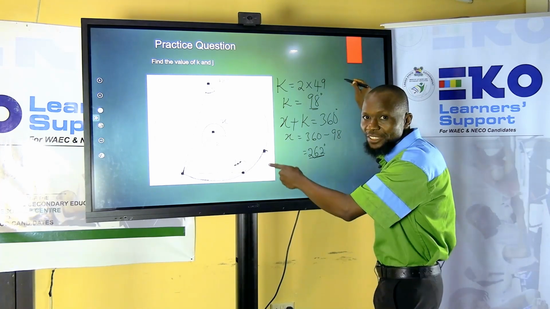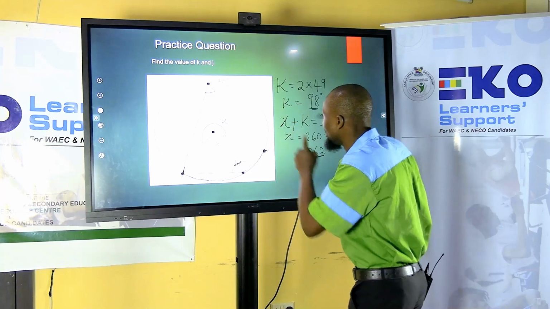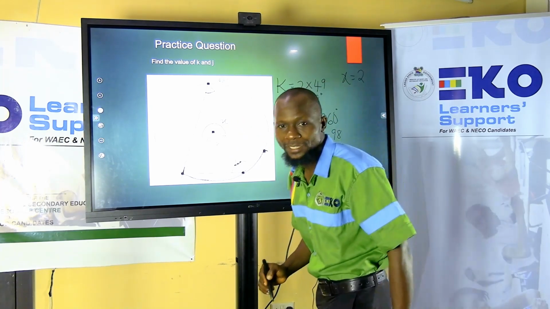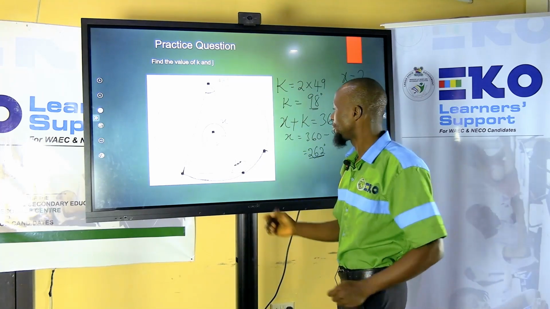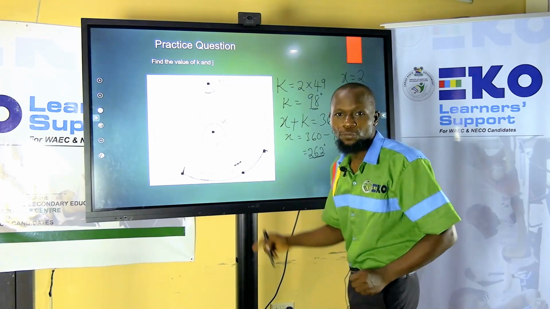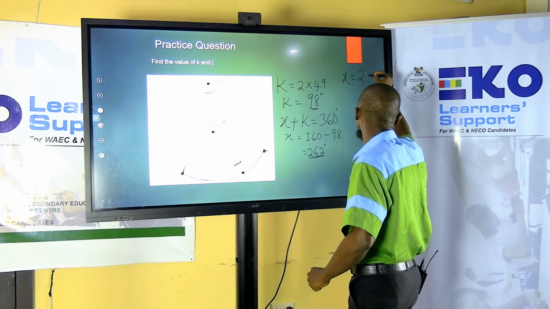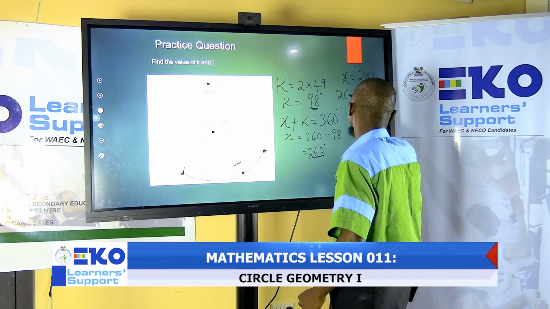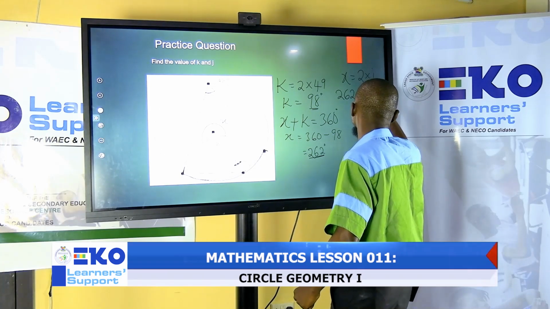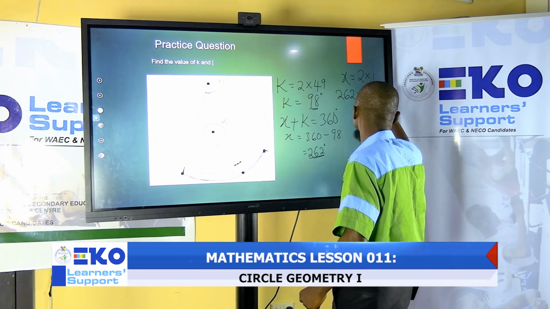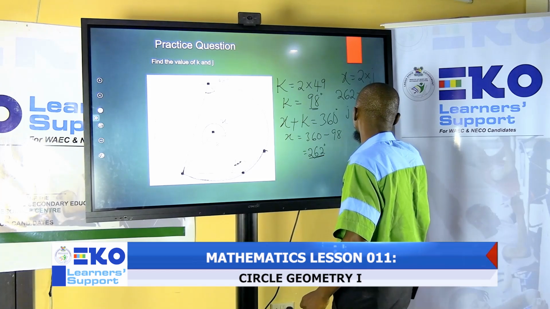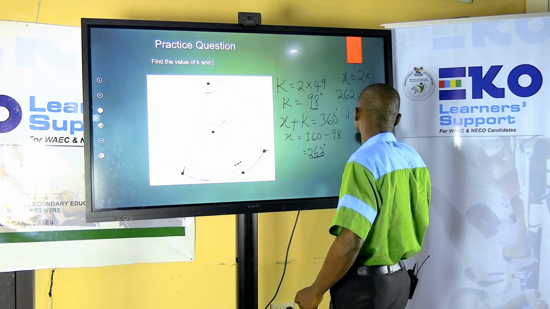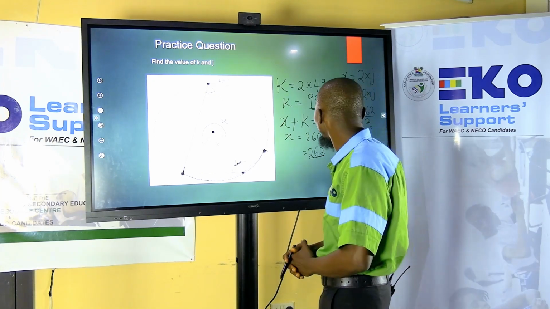The center, X, is twice the circumference. And what is the circumference here? Circumference is J. So 262 equals 2 multiplied by J. Divide both sides by 2. So J will be equal to 262 divided by 2. That's 131 degree. So the value of J equals 131 degree.